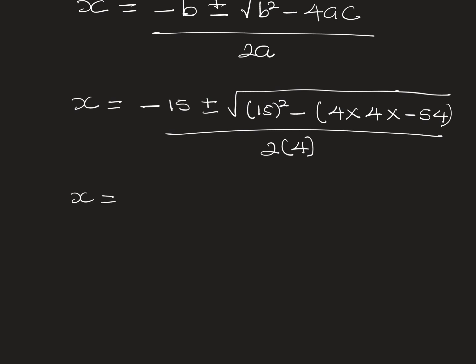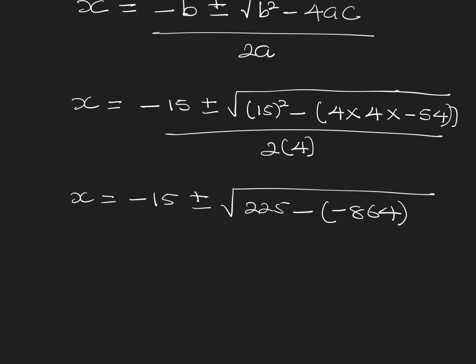So x is equal to minus 15 plus or minus the square root of, what is 15 squared? That is 225, minus 4 times 4 times negative 54, is what? 4 times 4 times negative 54, that is negative 864, okay?